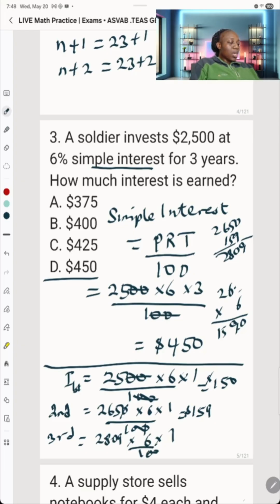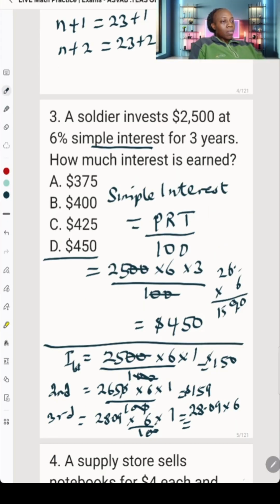So that's going to be 28.09 times 6. So let's do that. 28.09 times 6. That would be 54, then 0, 48, 12 plus 4 will be 16.